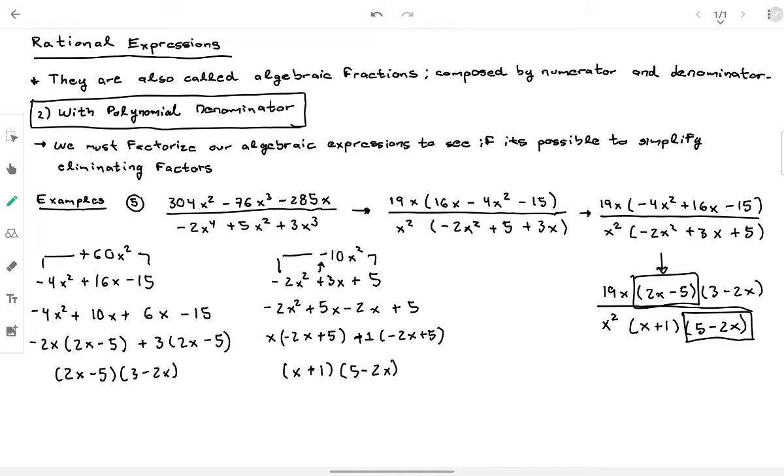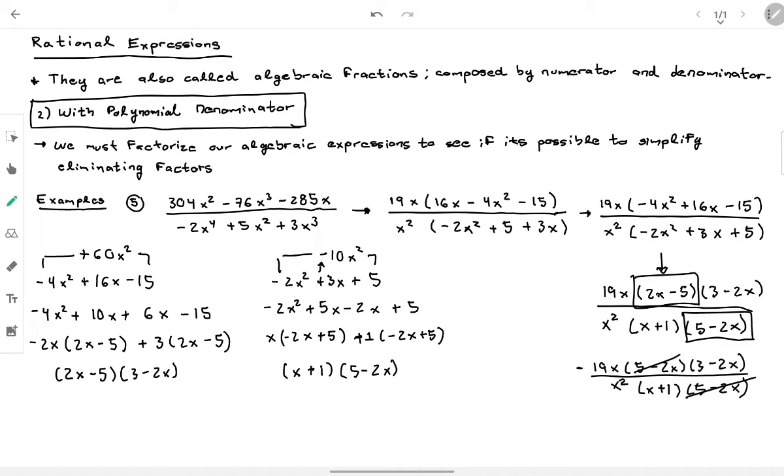We can take out a minus sign. We can put it like minus 19x, and it's going to be 5 minus 2x, 3 minus 2x, and on the bottom it's going to be x squared that multiplies x plus 1 that multiplies 5 minus 2x. I do that in order to eliminate this one with this one.